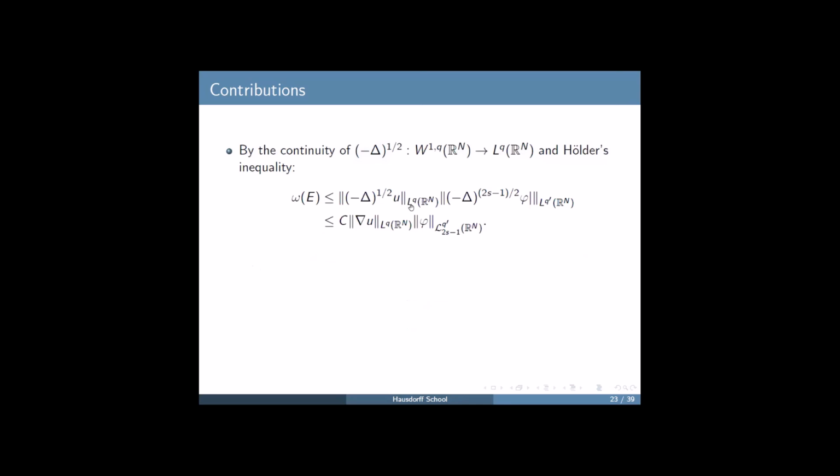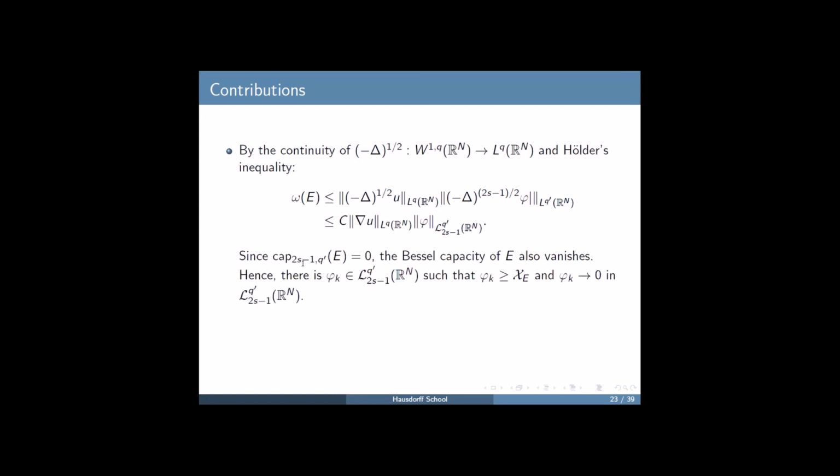And here we have the LQ norm of the fractional Laplacian of order 1/2 of u. And by the continuity of this operator from W1Q into LQ, this quantity here can be controlled by the norm of the gradient of u in LQ of Rn. And this part here is related to the norm of the function phi in a Bessel space.